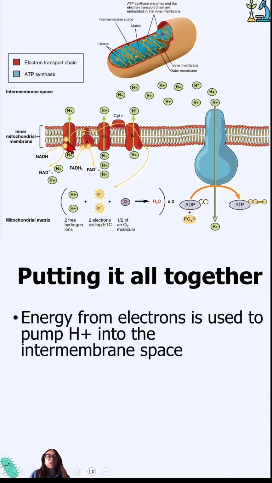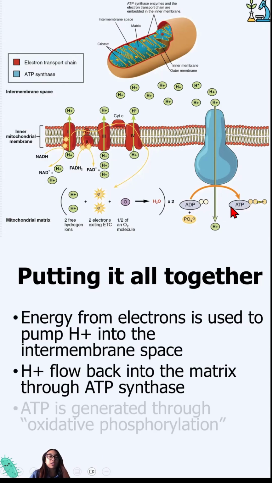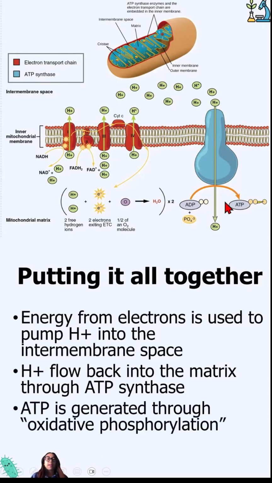Again, energy from those electrons traveling through the electron transport chain is forcing hydrogens up into the intermembrane space. Those hydrogens want to flow back into the matrix, and they're going to flow back through ATP synthase, which generates tons of ATP.